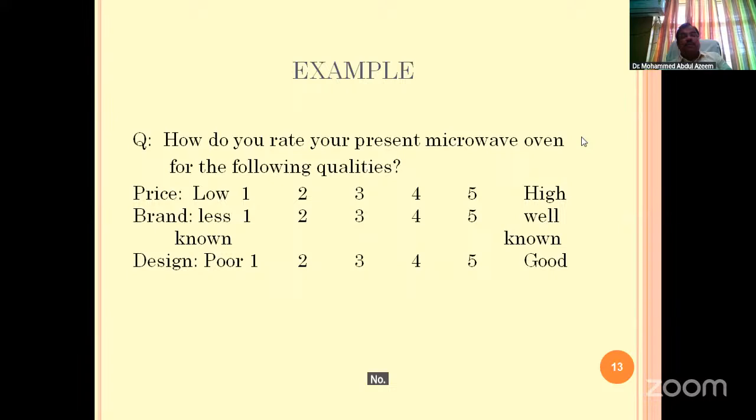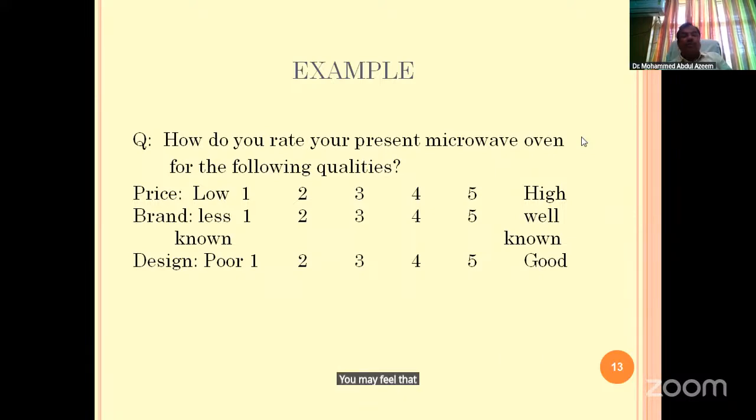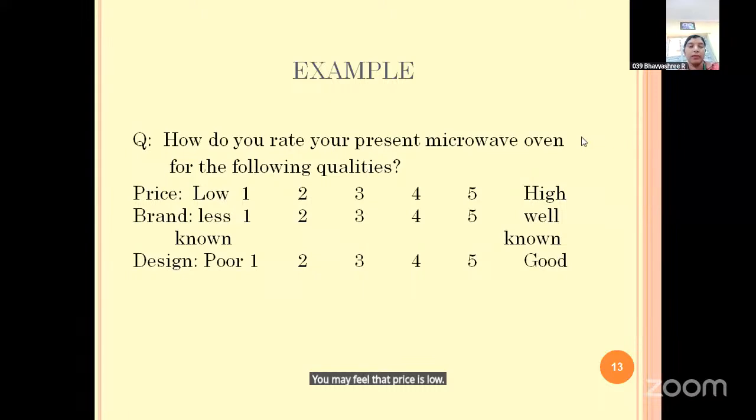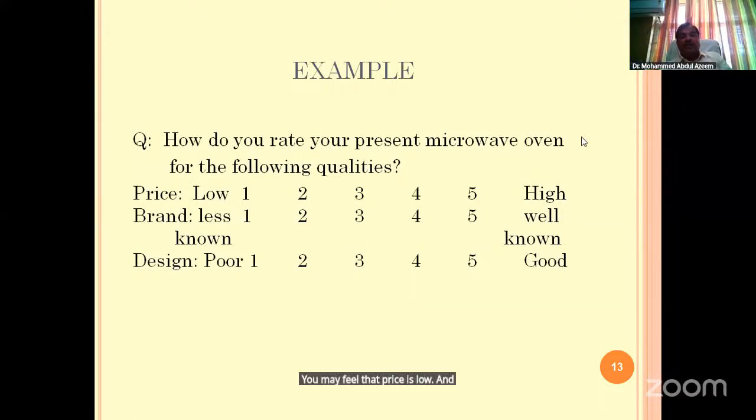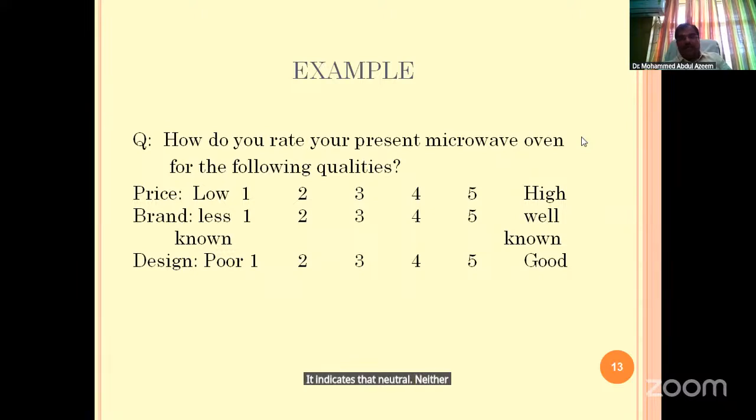Now here the example is low. They want to rate your present microwave oven on the following qualities. You may feel that price is low, and high is 5. So what is the center one? What do you mean by 3? Neutral, sir. It indicates neutral, neither low nor high.